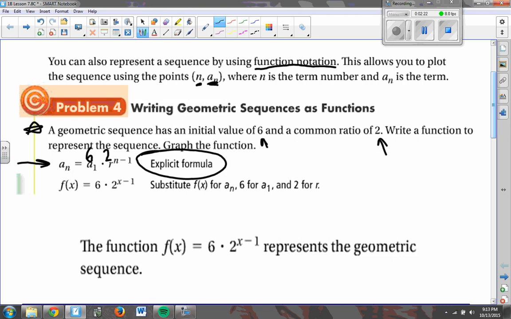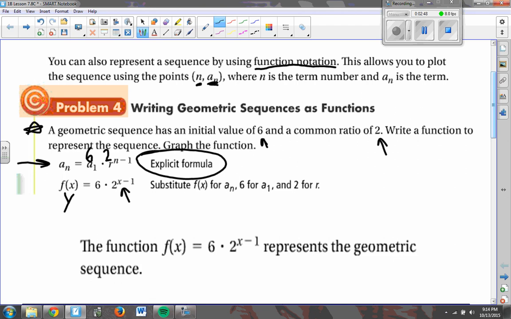Now, if you look in the next line, they've just turned this into a function with x and f of x instead of a sequence with n and a sub n. So we substitute our a sub n for f of x. This is like our y value. And we substitute our n here in the exponent for an x.